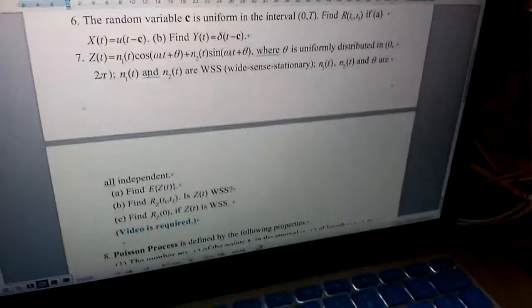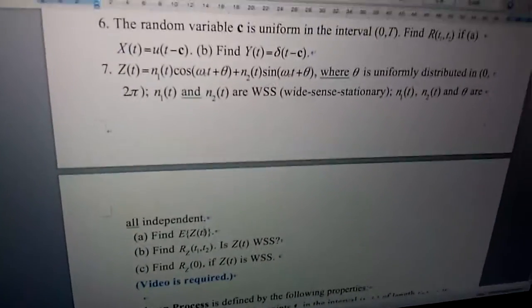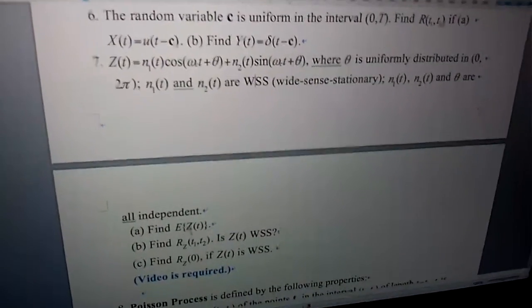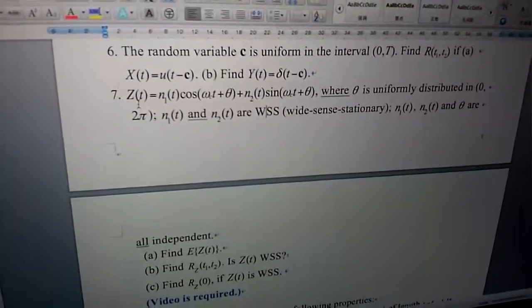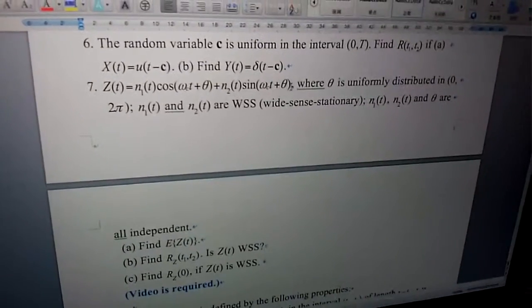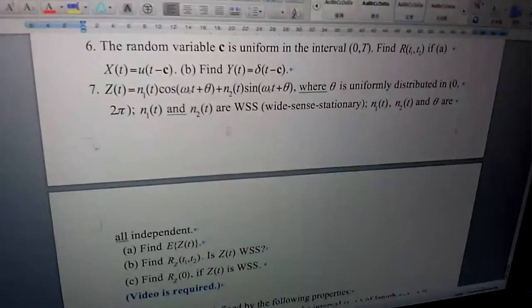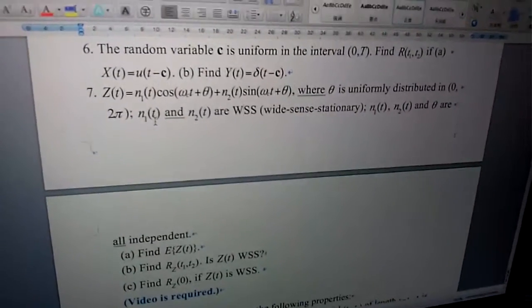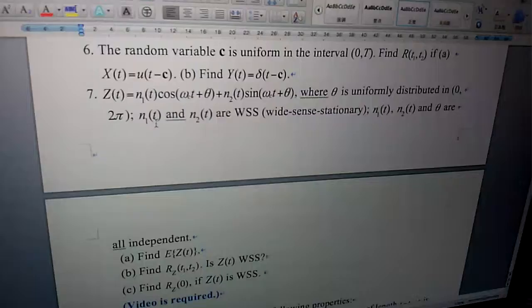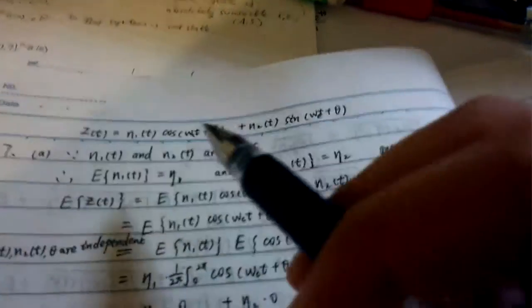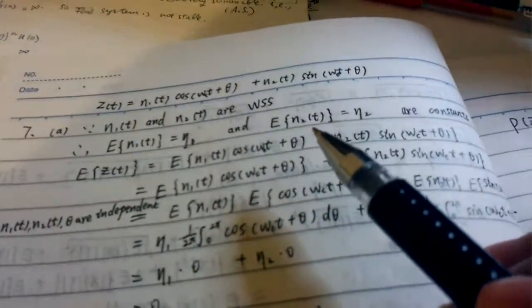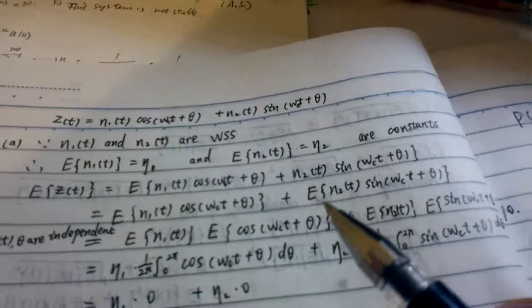Firstly, the first part asks us to find the mean of Z(t). Z(t) is given by this equation, and N1(t) and N2(t) are WSS, that means wide sense stationary, so the mean of N1(t) and the mean of N2(t) are constants.